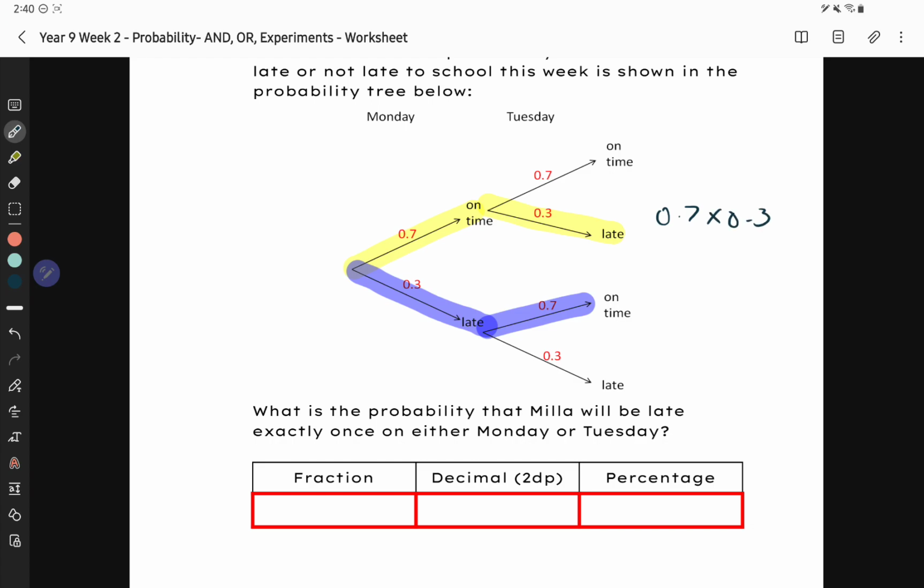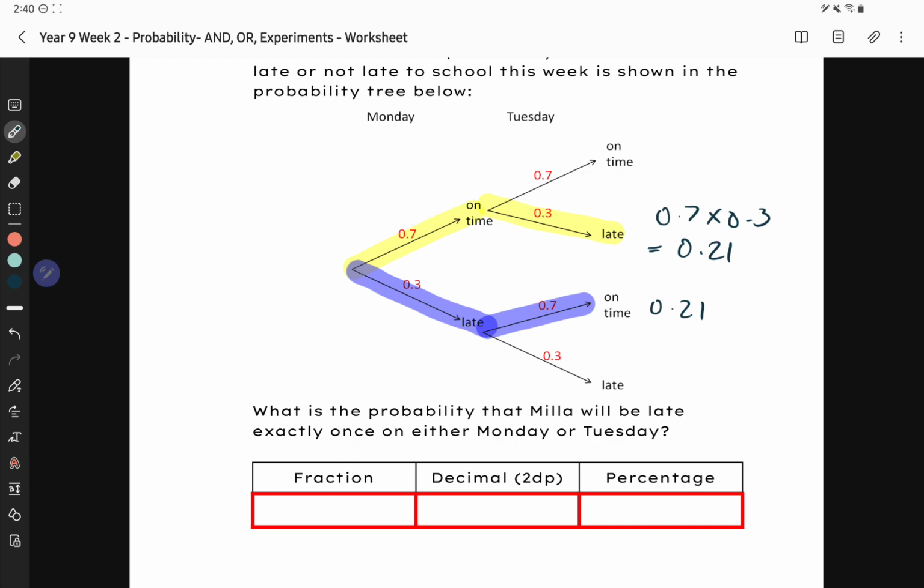We're not going to change the fractions right now. Not at the moment. Let's just carry on like this, which is 0.21. The same for this actually, because 0.3 times 0.7, that's the same thing. So again, 0.21 here. Okay, so if we are saying the yellow path or the blue path, either one is fine, we add these probabilities up.